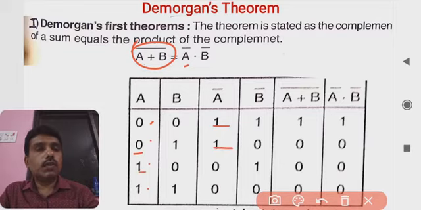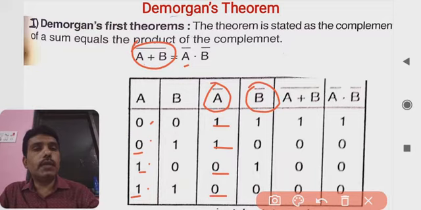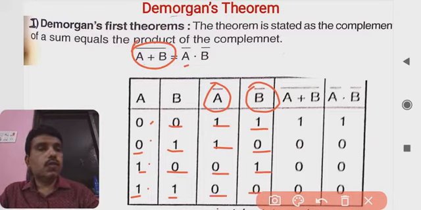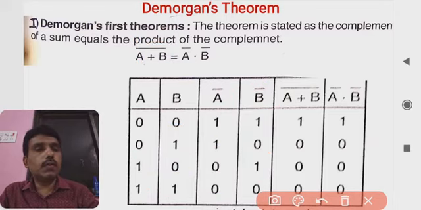For this one it is 0, for this one it is 0. So these will be the values for A complement. Similarly, I need to find out the B complement. Again here B having the value 0, I will take its complement as 1. For this one it is 0, for this 0 it is 1, and for this one it is 0. So here are the values for the B complement also.